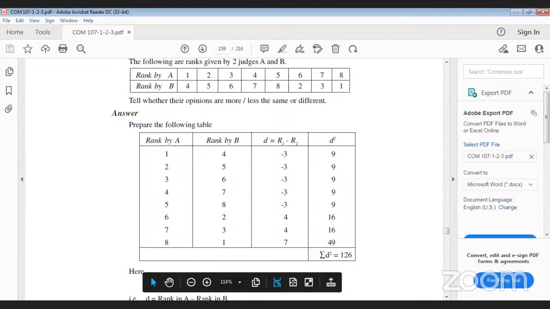So here in the third column you will find that the differences are written: minus 3 five times, then 4 two times, and 7 one time. Now in the last column you will find the squares of the third column. 3 into 3, minus 3 into minus 3, that is 9.